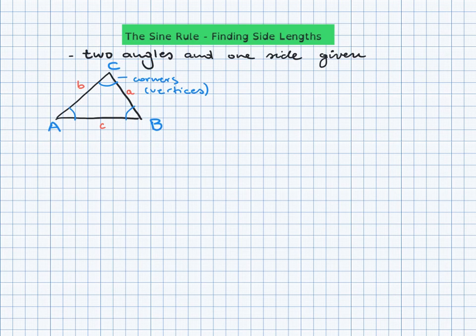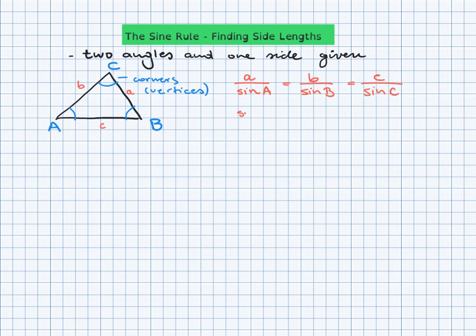So pretty much the sine rule is a over sine of the corresponding angle A, is equal to b over sine of B, and is equal to c over sine of C. So the ratio between side a and corresponding angle sine A should be equal to the ratio between side b and corresponding angle B, and this should be equal to the ratio between c and the corresponding sine of C. So this can be written in a different way as well.